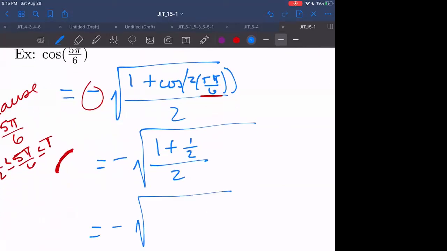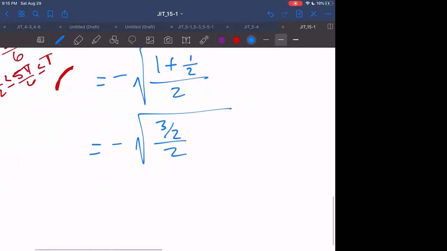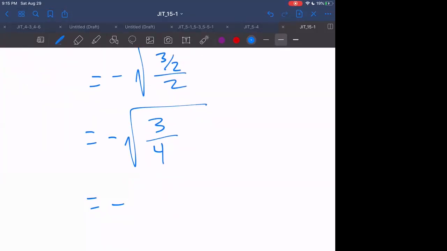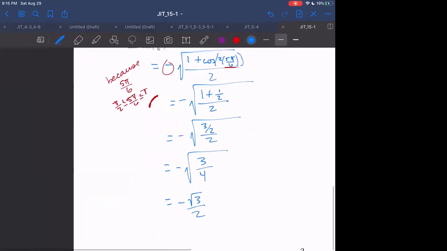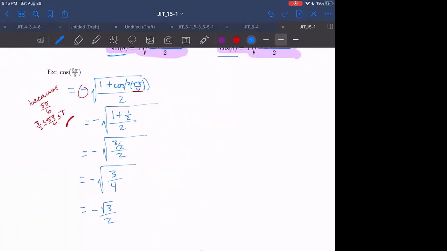So negative square root of 3/2 over 2, which is just negative square root of 3/4, which is just negative root 3 over 2. Okay, so that's what cosine of 5 pi over 6 is equal to.